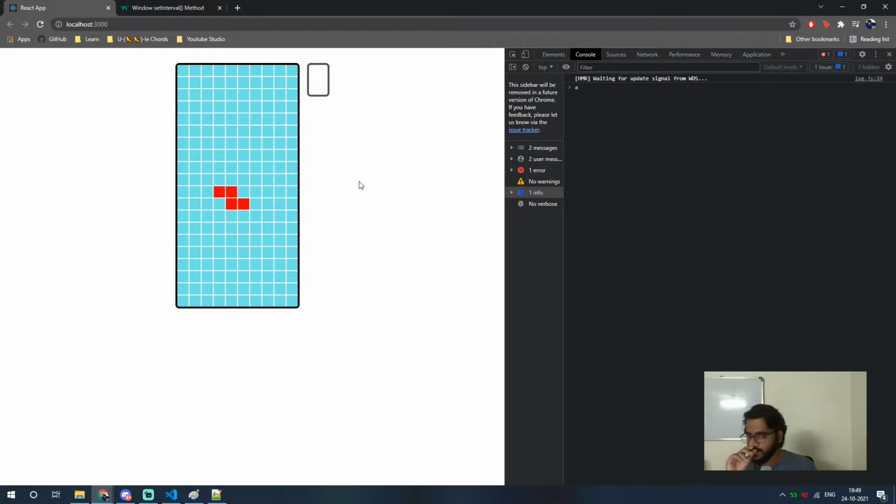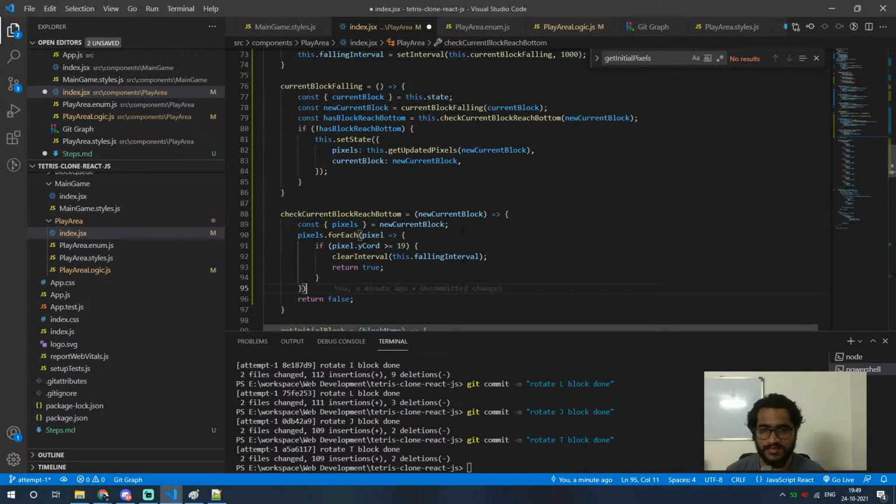I think I messed up somewhere because it didn't reach the bottom and the top. Okay, it went on.